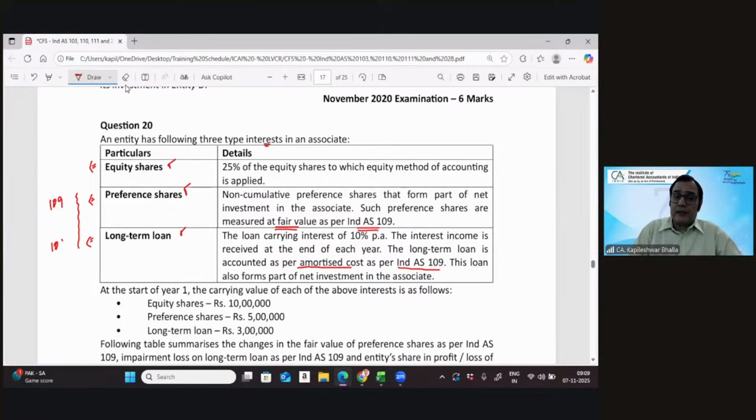The interesting part is that these are accounted under Ind AS 109 based on the standalone financials, and they are a part of the net investment, which means these preference shares or long-term loans are not going to be repaid in the near future. And if they're not going to be repaid in the near future, that makes it a fit case that this is other long-term interest in the associate.